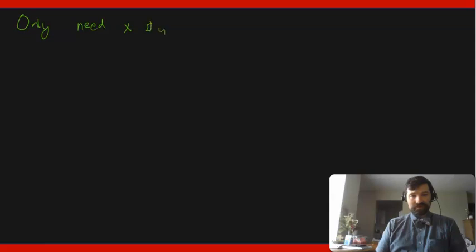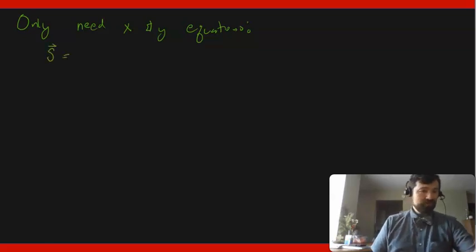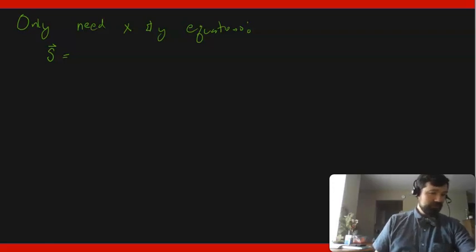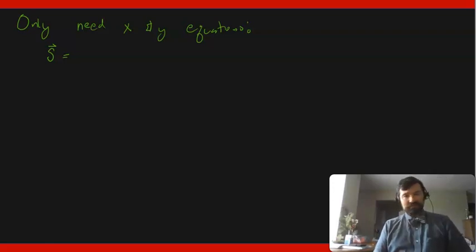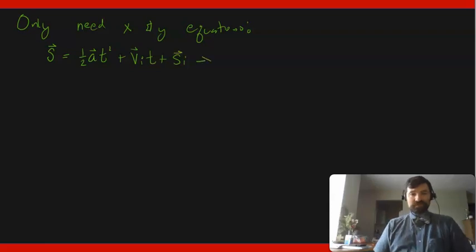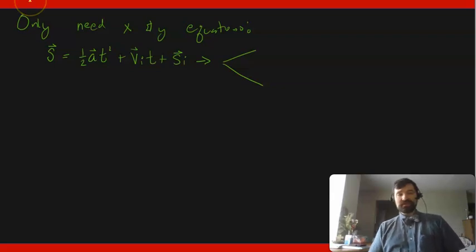This is akin to saying S final is equal to essentially 1/2 a t squared plus v initial t plus s initial, which basically just becomes a system of two equations that are coupled in time.